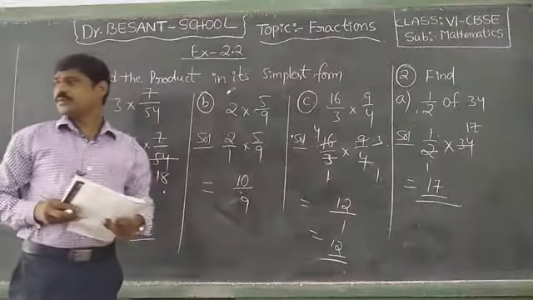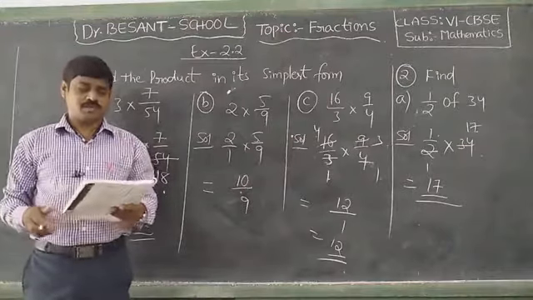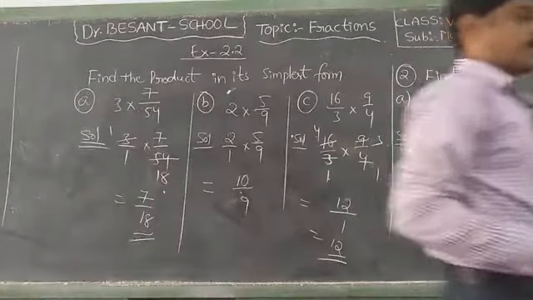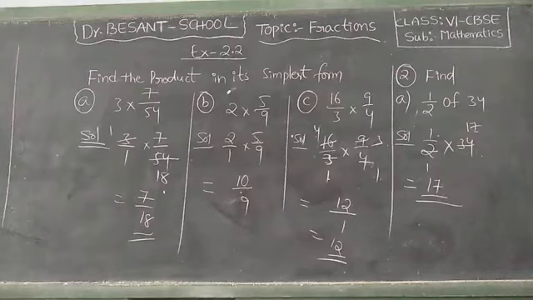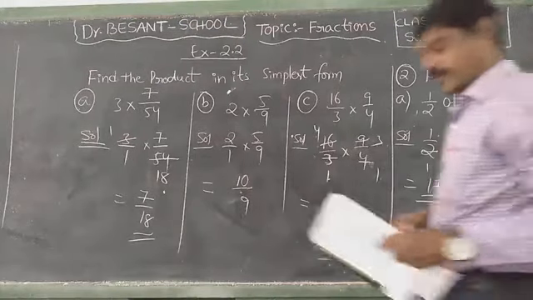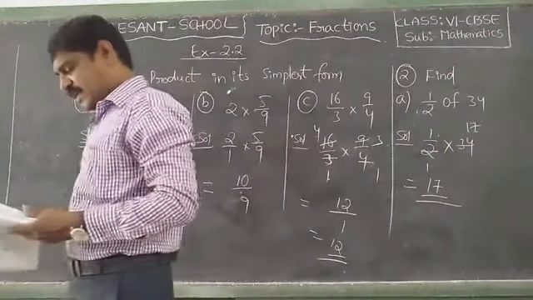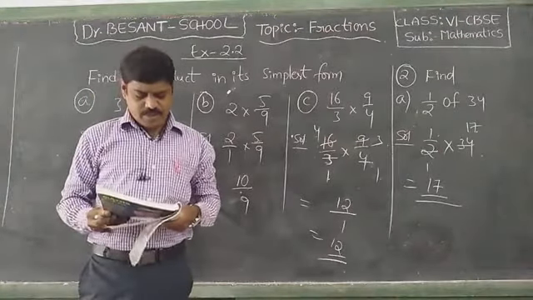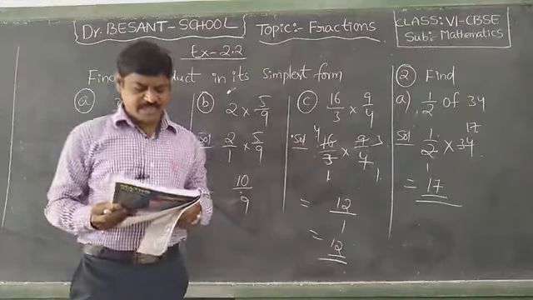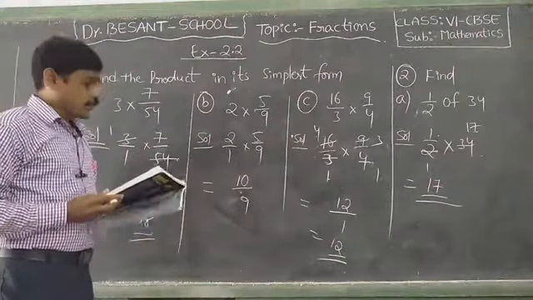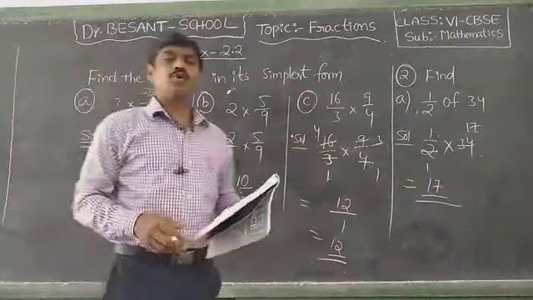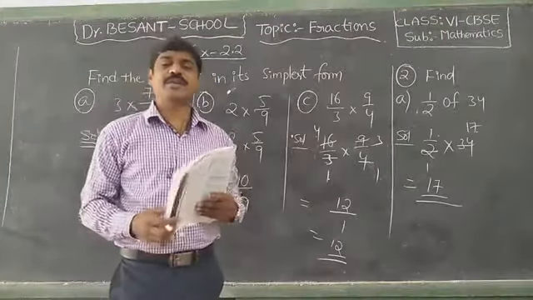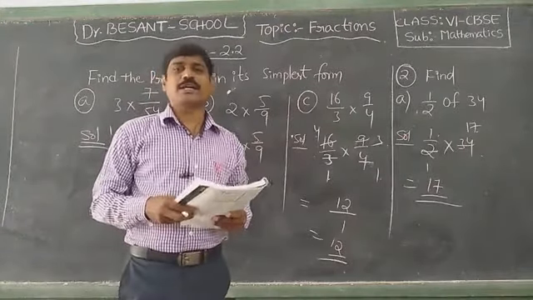Next, second Roman, find 1 by 2 into 34. The same like B also: 2 by 3 of 36. This problem also you can do easily. 2 by 3 of 36 means 2 by 3 into 36.